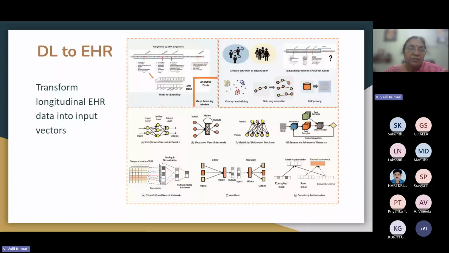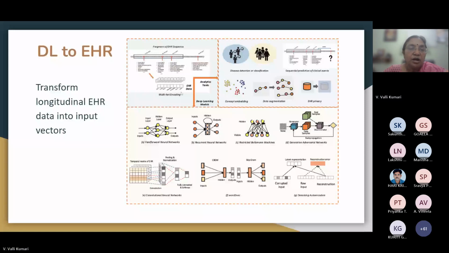And how about deep learning applications to these electronic health records, for which you have a lot of standards, a lot of clinical related stuff, a lot of procedural related stuff. What we need to do is transform the longitudinal electronic health record data into input vectors. Once you can design that input vector, the remaining things follow easily.